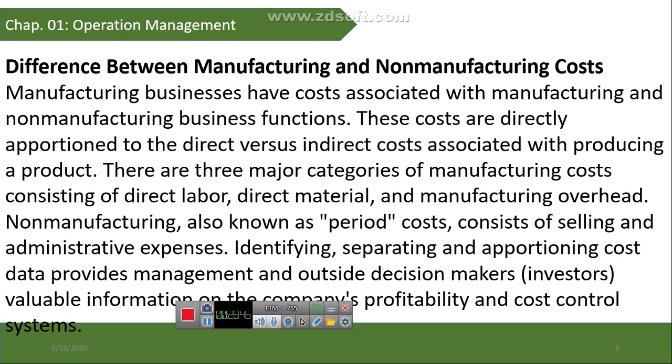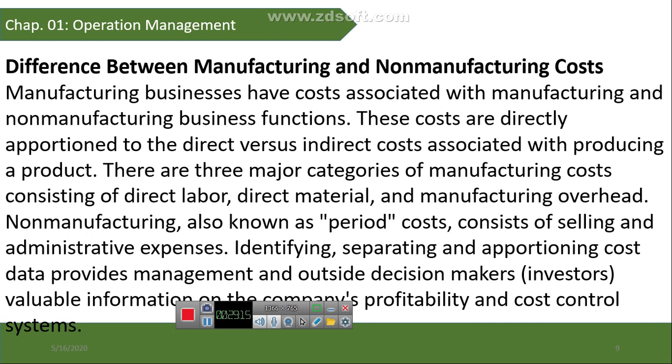So this was about the manufacturing and non-manufacturing costs that we have discussed. Manufacturing cost is the direct labor, direct material, and manufacturing overhead, while non-manufacturing is also known as a period cost, consisting of selling and administrative expenses.